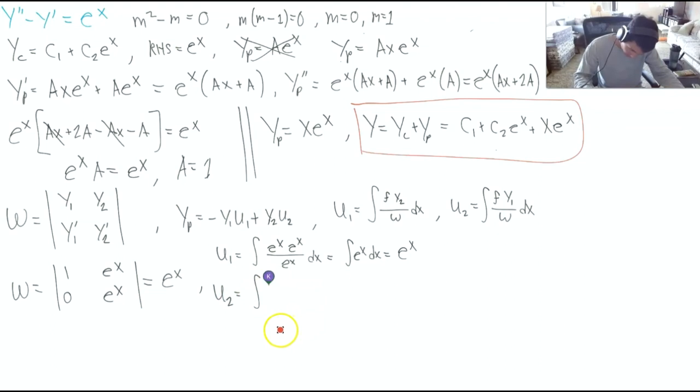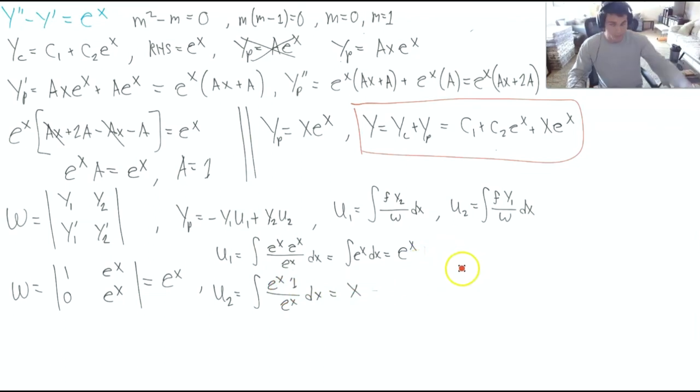It's going to be e to the x, and then what is y1? y1 is 1. Once again over e to the x dx, which is going to be e to the x over e to the x dx. Right, my bad, the screen is not copying. There we go. e to the x cancels, so it's just going to be x. And I'm choosing my constants to be 0 here in this case because I can. That's just how the math works in this case. Okay, so that's u1, u2.